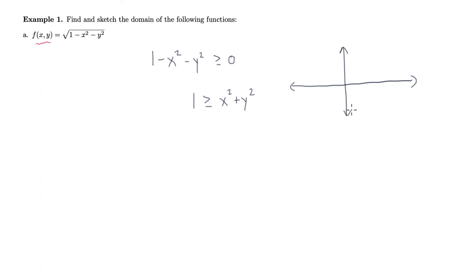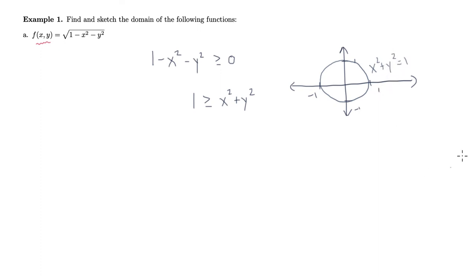But this is points that exist inside the unit circle, because x squared plus y squared equaling 1 actually is the unit circle. So here's x squared plus y squared equals 1.